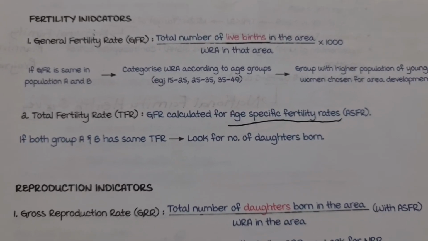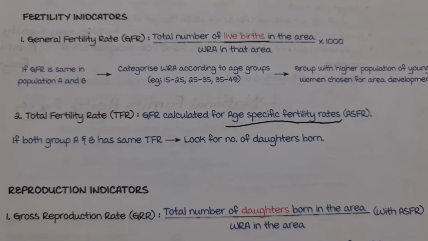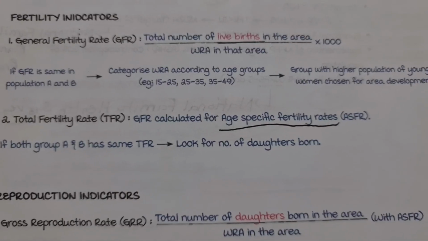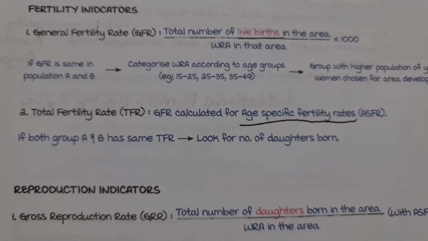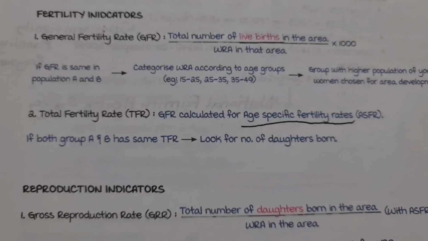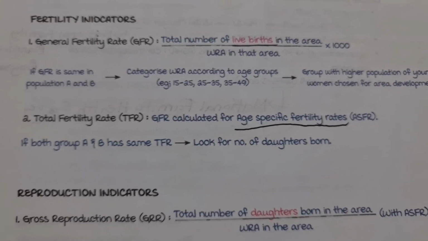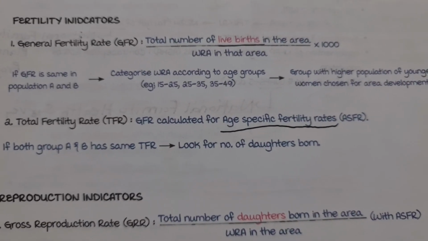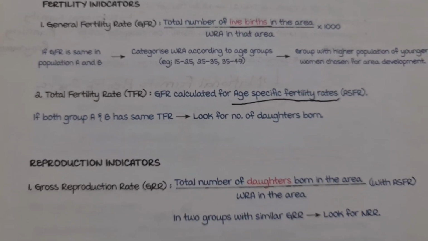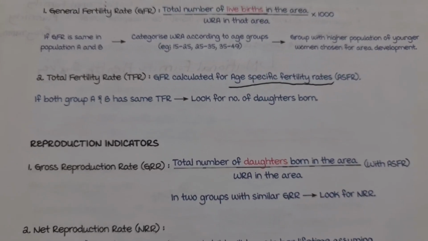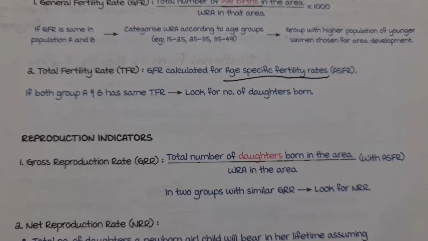And the general fertility rate is calculated from the age-specific fertility rate, which is the point to remember here. If both A and B populations have the same total fertility rate, then we should look for the number of daughters born, which will direct us to the gross reproduction rate.